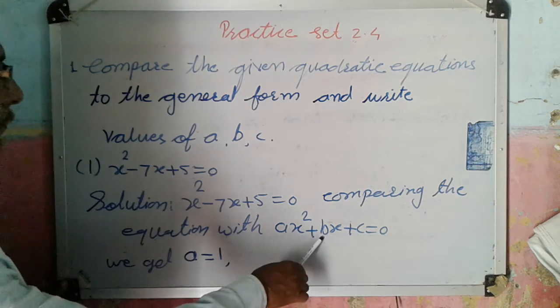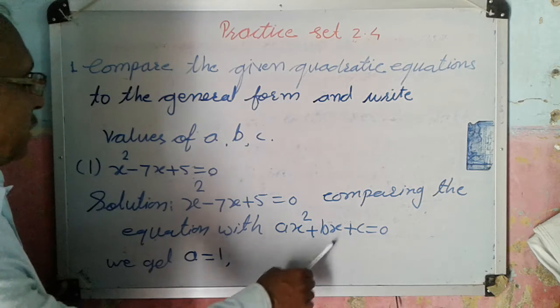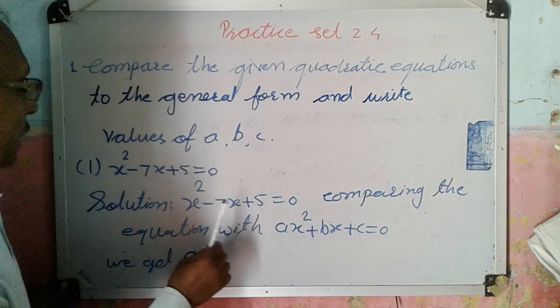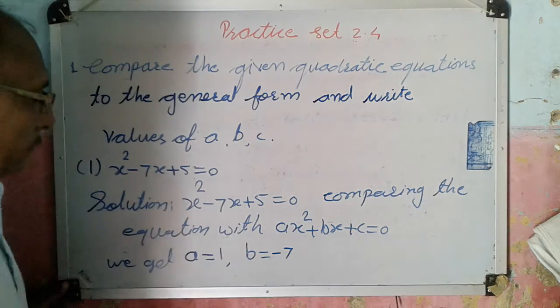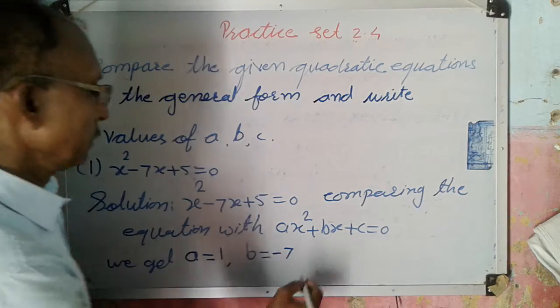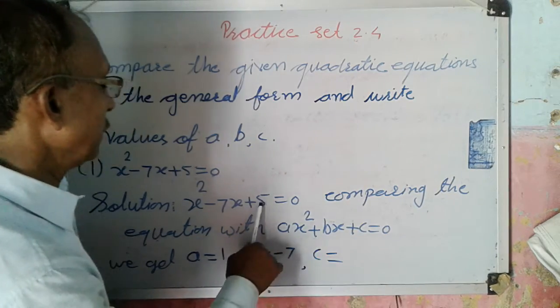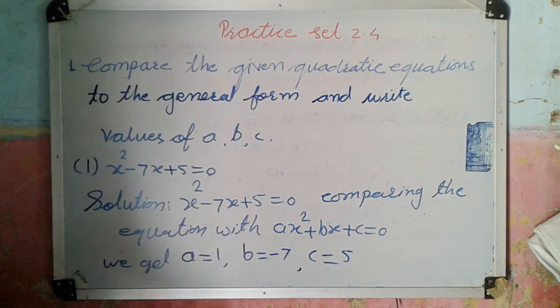Now b, the value of b, that means coefficient of x, here coefficient of x is minus 7. So b is equal to minus 7. And c is the last constant term, that is here 5. So in this way you can find the values of a, b and c.